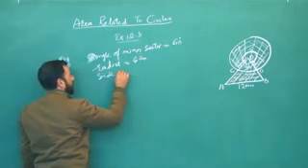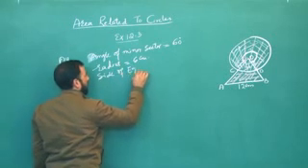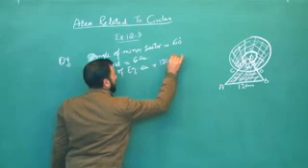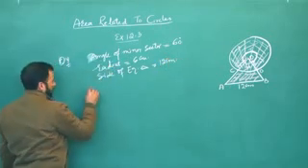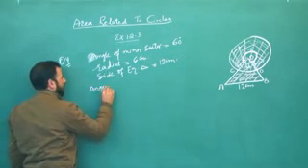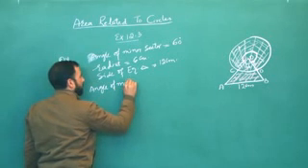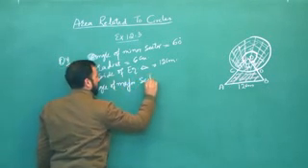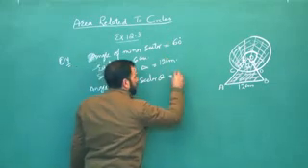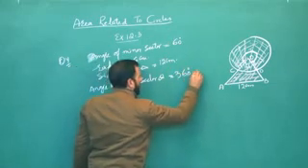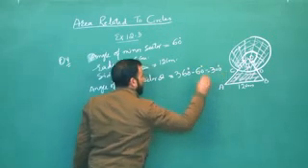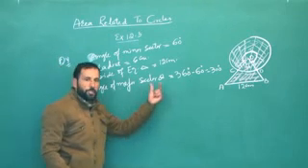Side of the equilateral triangle is equal to 12 centimeter. Now, the angle of the major sector, let it be theta, is equal to the complete angle, 360 degrees minus 60 degrees, that equals 300 degrees is the angle of the major sector.